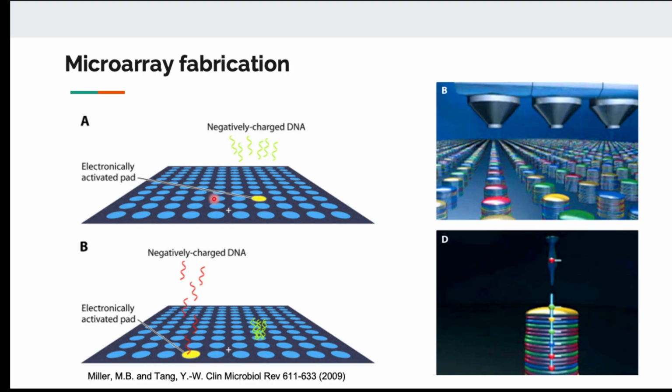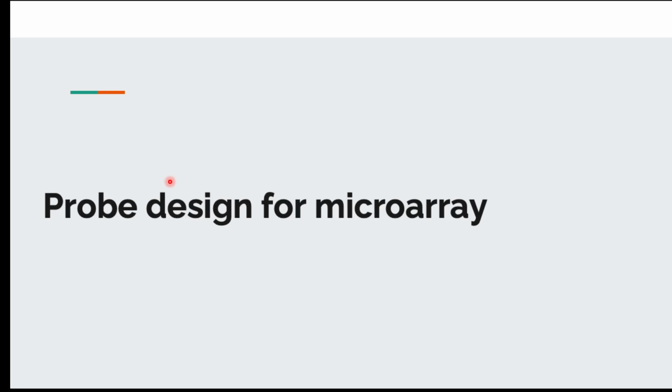But if you ever have to study a non-model organism and you have your own nucleotide sequence that you want to target, you can ask a company to create a custom microarray for you. We want to talk a little bit about the design of the array because it comes into play when we analyze the data.